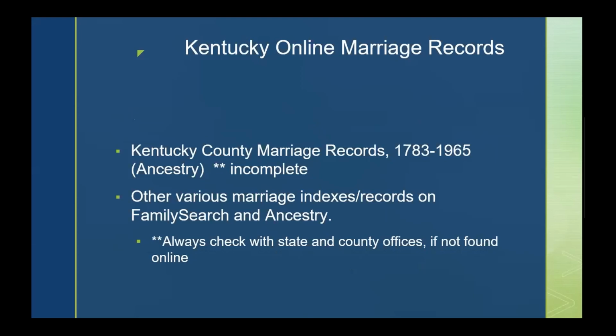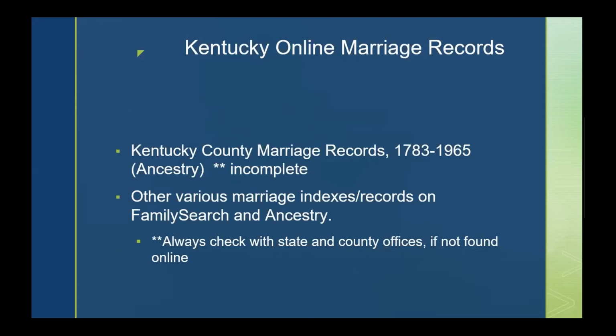There are online marriage records for Kentucky at Ancestry and FamilySearch. There's marriage indexes and some marriage records. I have found those to be incomplete. So when you're doing Kentucky research, I would say never go by what's online. Never say to yourself, oh, I didn't find the marriage online, so it must not exist.